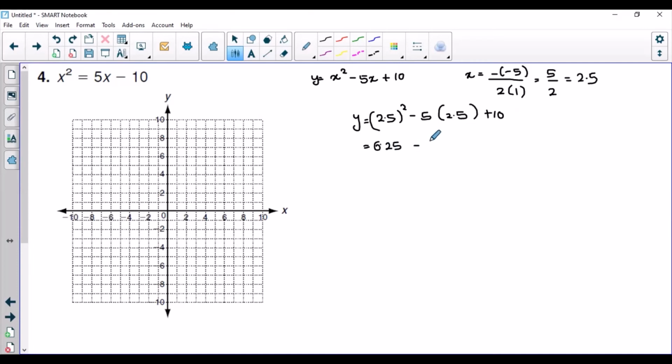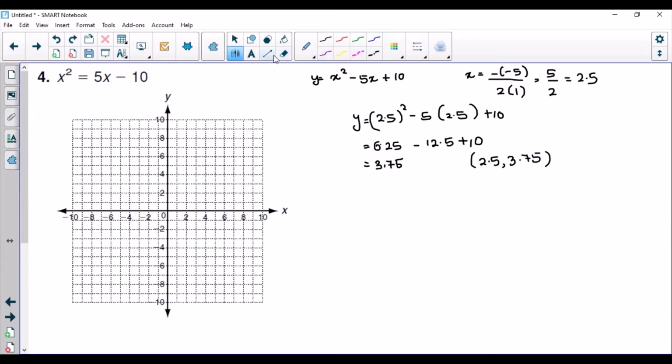Then negative 5 multiplied by 2.5 would give you negative 12.5. 6.25 plus 10 would give you 16.25. 16.25 minus 12.5 is 3.75. So the value of y is going to be 3.75. The vertex, therefore, will be 2.5 and 3.75.